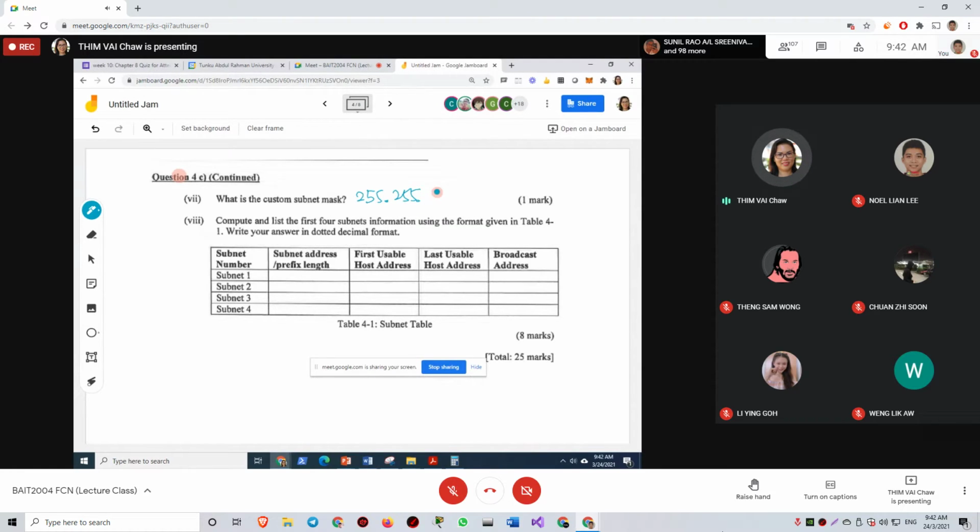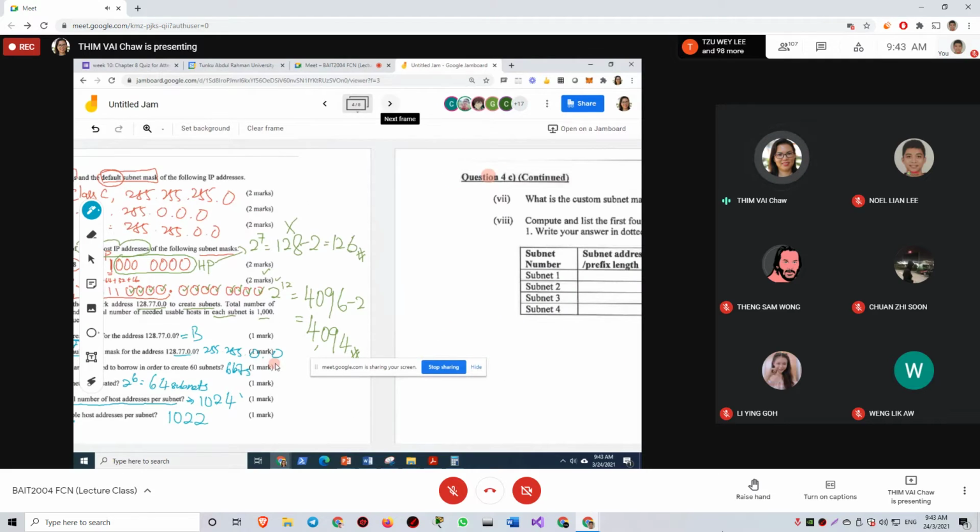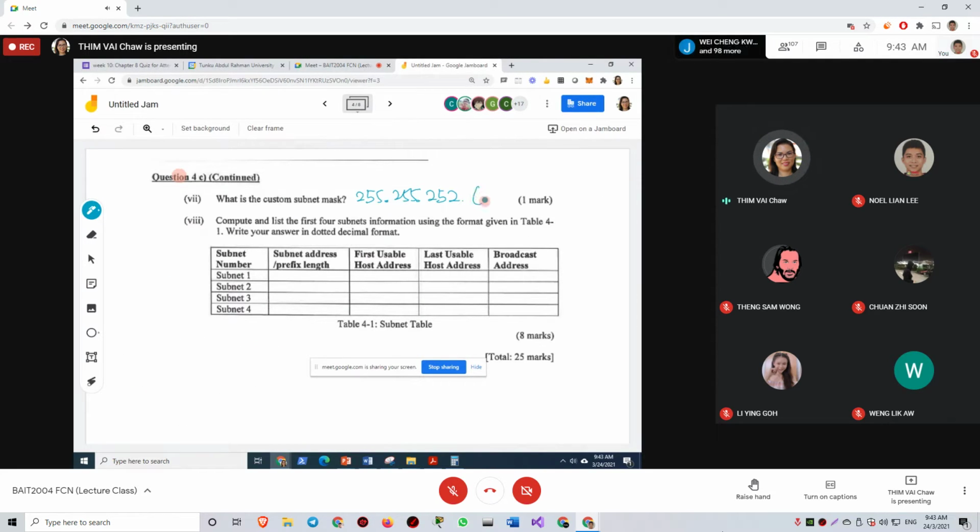Only the third octet is 252. For the last octet, it is entirely used by the host portion, so the subnet mask will be all 0. I need no calculation, I just write 0, because host bits are set to 0. Okay, host bit.